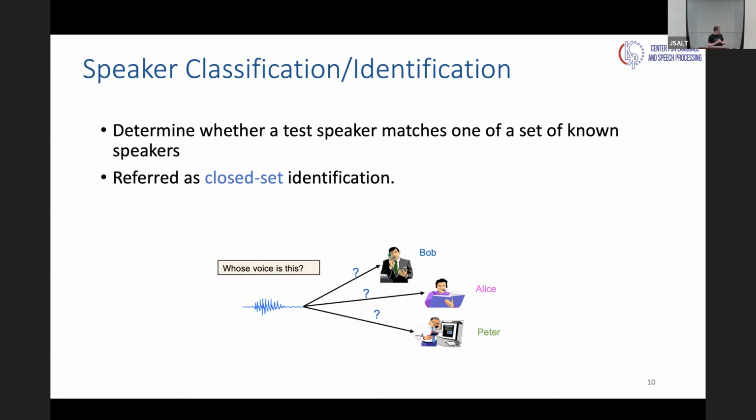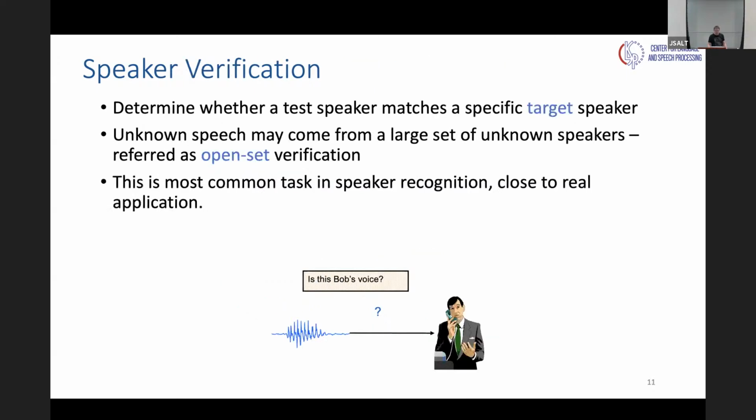This is usually not what we do, as most applications of speaker recognition deal with speaker verification. Speaker verification is determining whether a test speaker matches a specific target speaker. In this case, we will enroll a person in the system, for example, Bob, and then we'll have a test sample, and we have to say if this person is Bob or not.